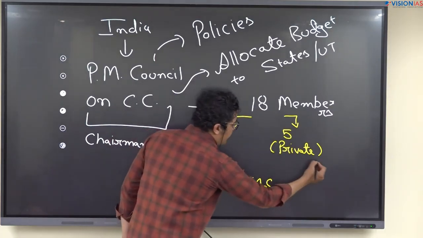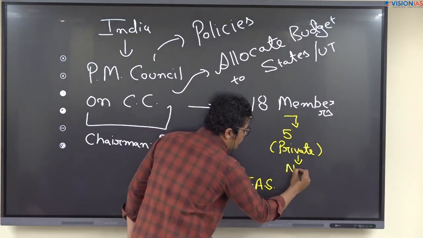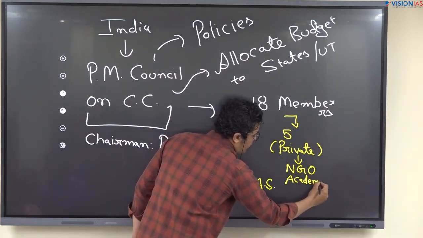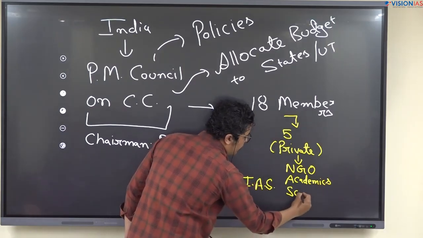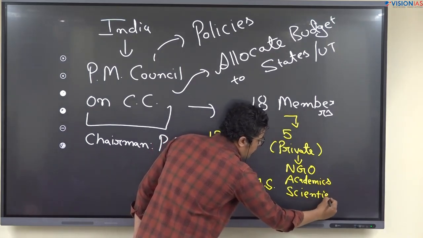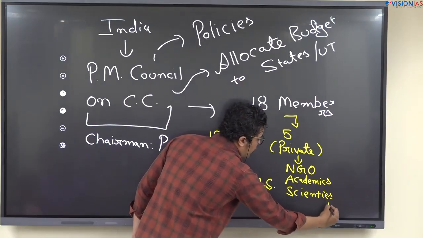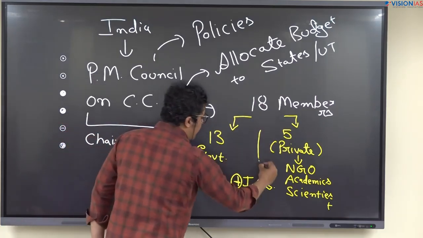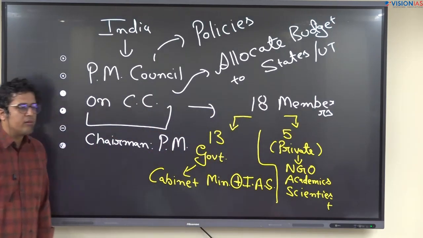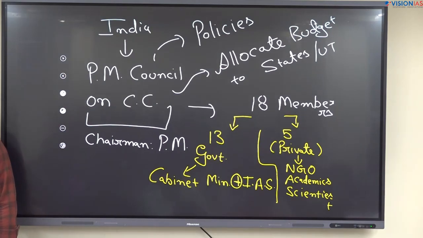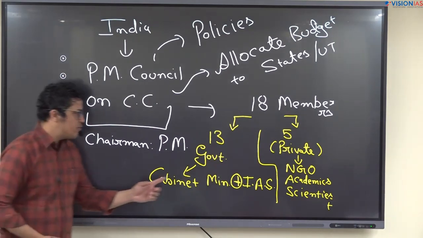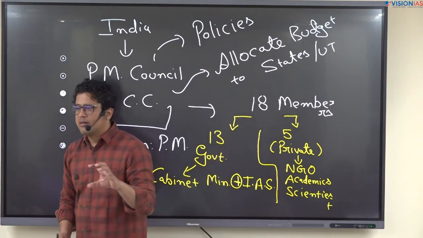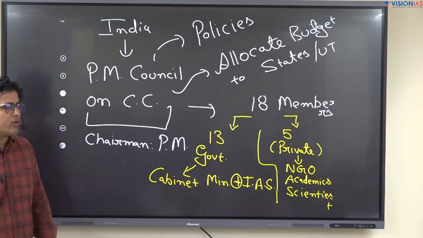And private can be from an NGO, from academics, or a scientist. These 5 persons are selected by the Prime Minister on recommendations. The criterion is that these 5 coming from the private sector should have done something significant related to the environment.